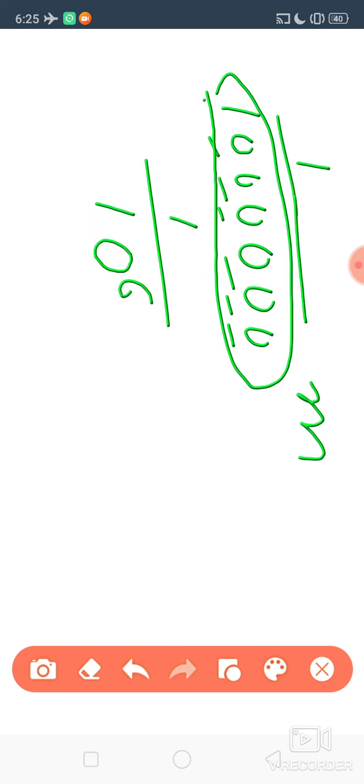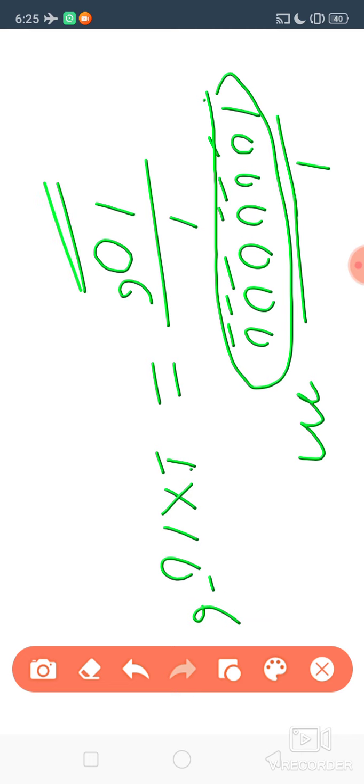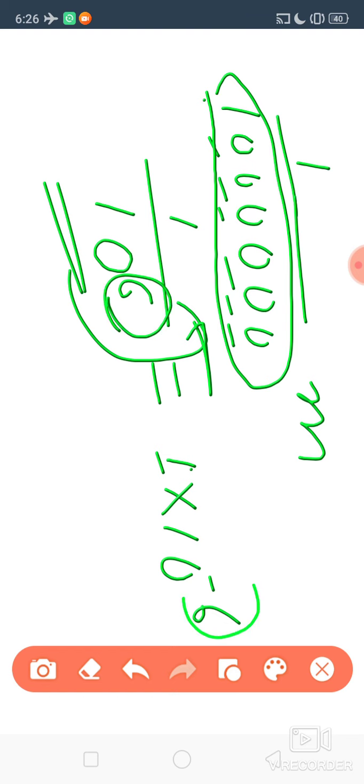Now this 10 to the power 6, if we bring it into the numerator, then the positive exponent will become a negative exponent. So it becomes 1 into 10 to the power minus 6.